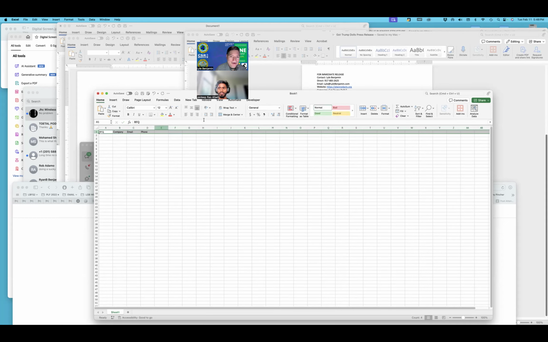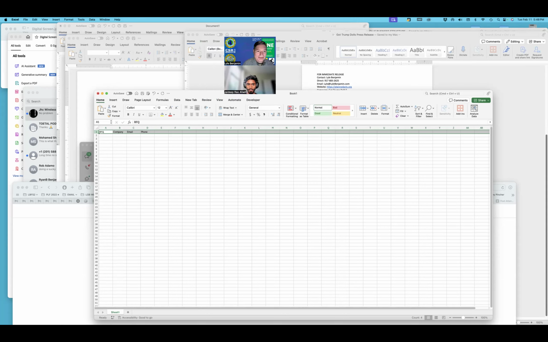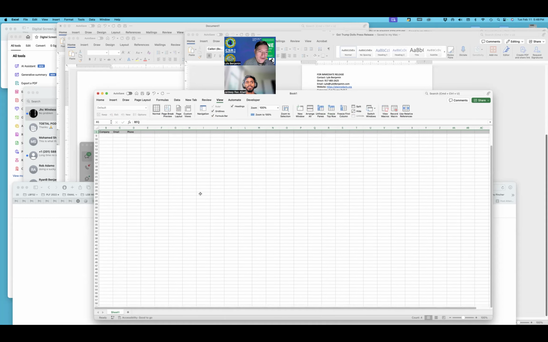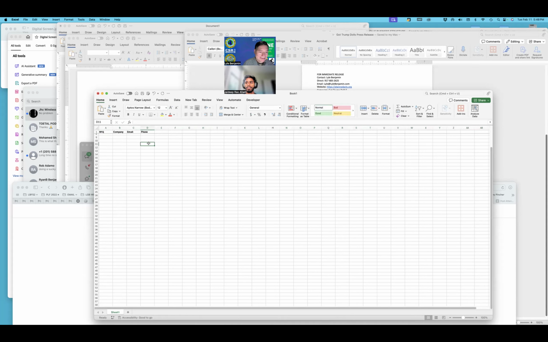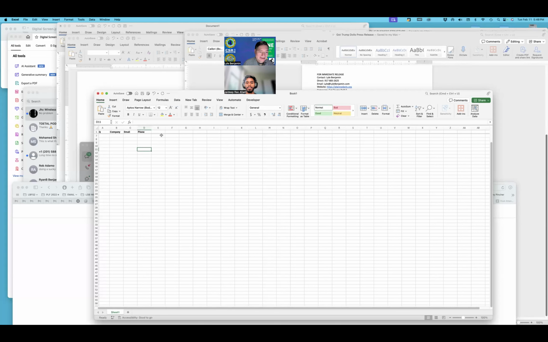And you always want to go to your view, and you want to freeze the top row, so when you scroll, it doesn't move. You want to highlight the first row and put it in bold. That's how it should look.